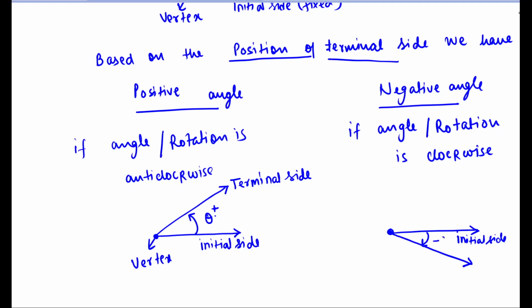So here theta will be negative. This is the terminal side, and this is the vertex. So this was about how to measure an angle, whether positive angle or negative angle.